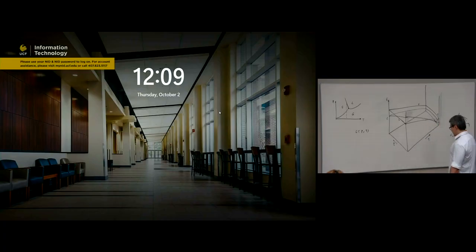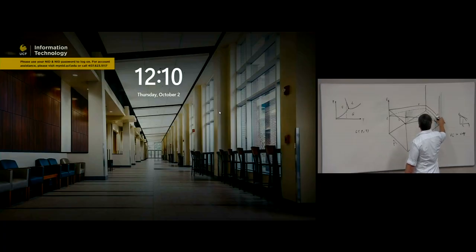Let me change this line to a dashed line. You can know that it's underneath. All right, it's clear.